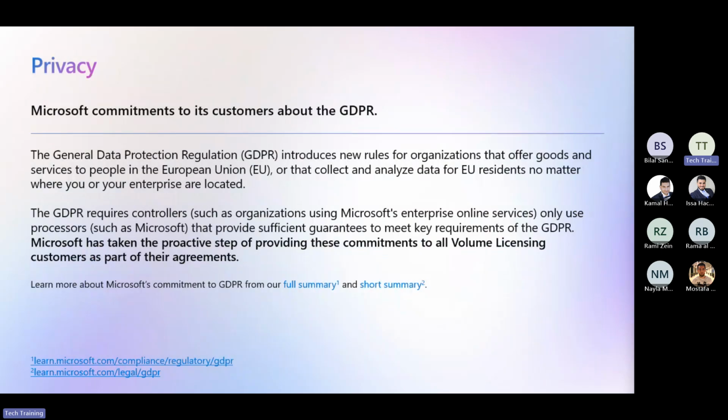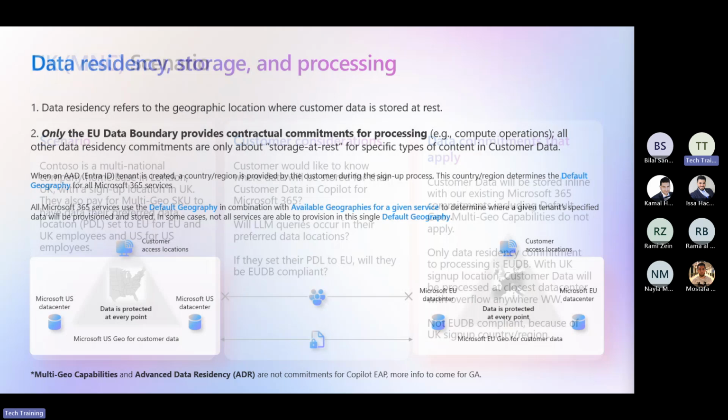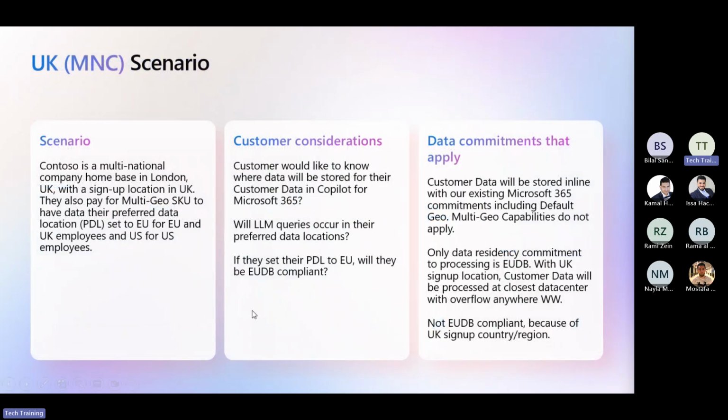Okay, privacy commitment. This is the GDPR data residency. I will not go more into this. Here is an example of a company in brief. We have a company in the United Kingdom, and they have customers that would like to know where data will be stored and the data commitments. When you create your tenant, you start by creating a new tenant with Microsoft.